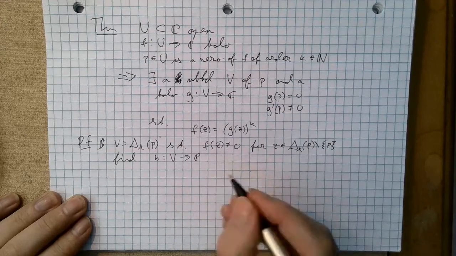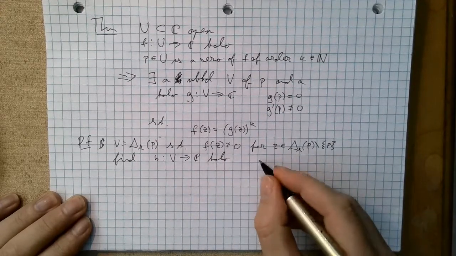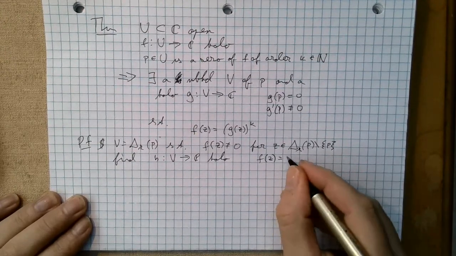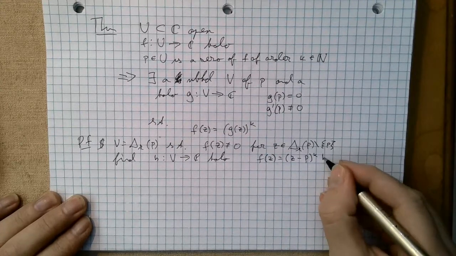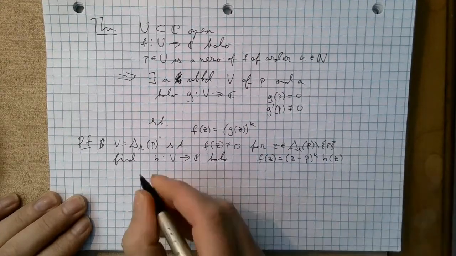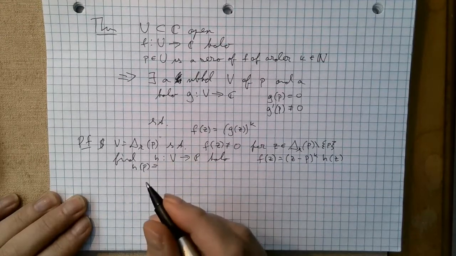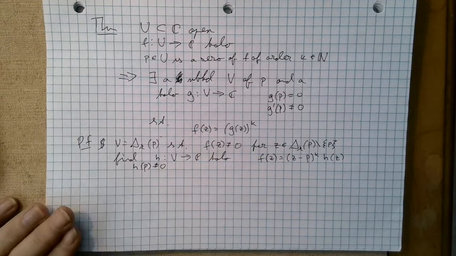So holomorphic such that f of z is equal to (z minus p) to the k times h of z, and also h at p is not 0.